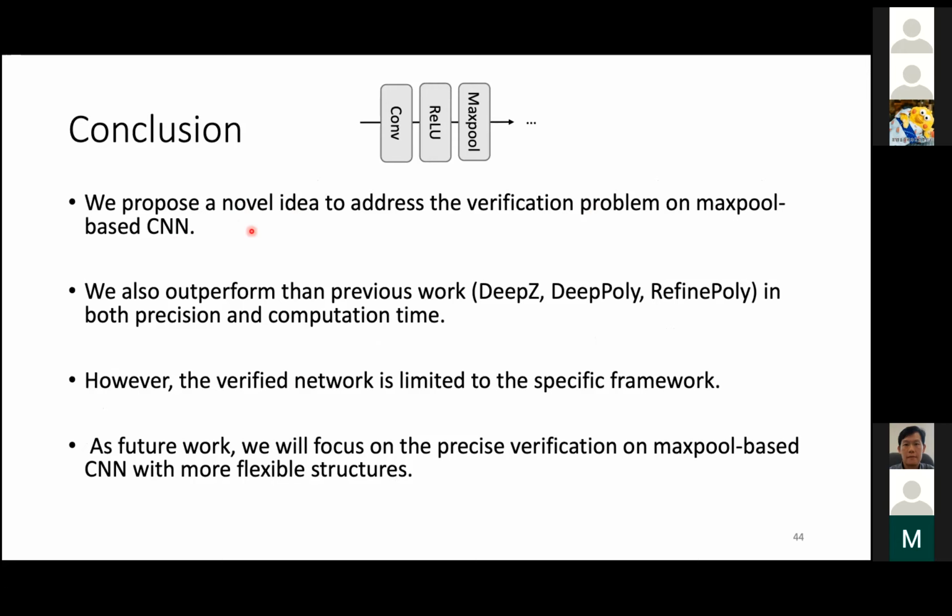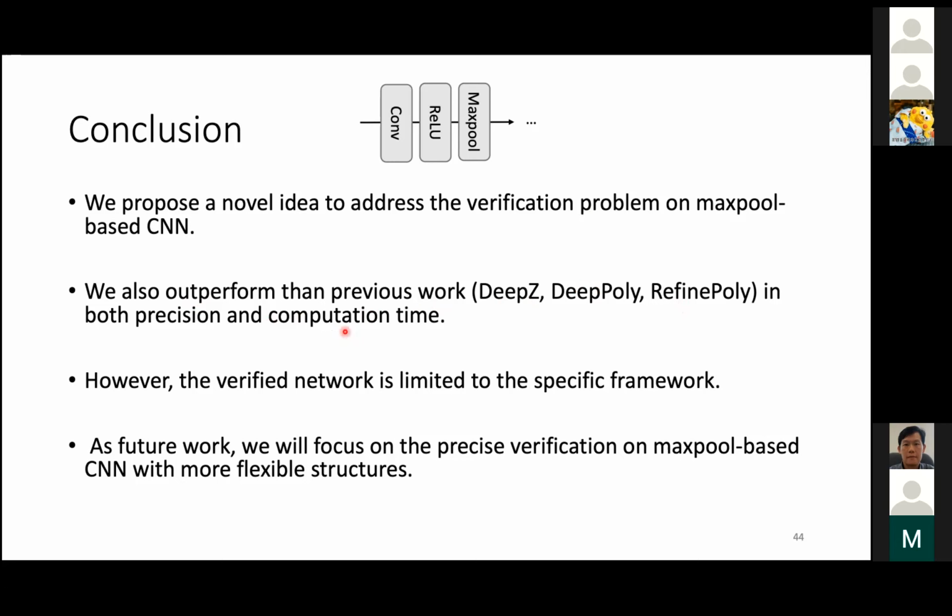So finally, we can verify the maxpool-based CNN. And the second is in the experiment parts. Our experiments show that we outperform previous works, such as DeepPoly and RefinePoly, in both precision and computation time.